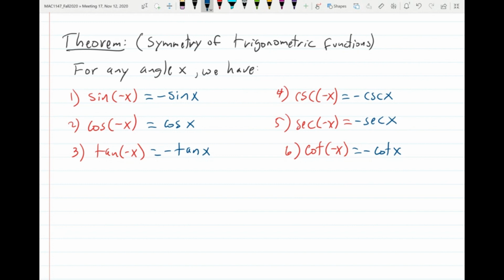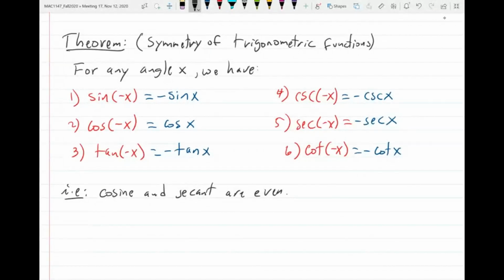So moral of the story, among the 6 trigonometric functions, only the cosine and therefore the secant function are even. The other 4 are odd. Okay? So cosine and secant are even.